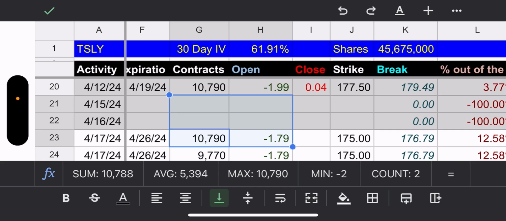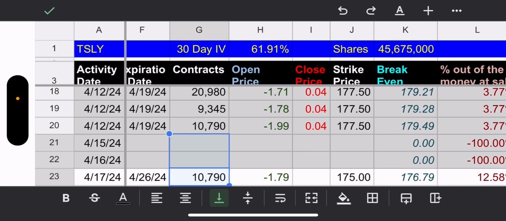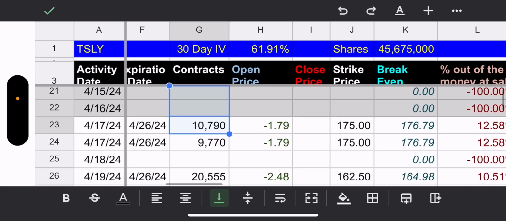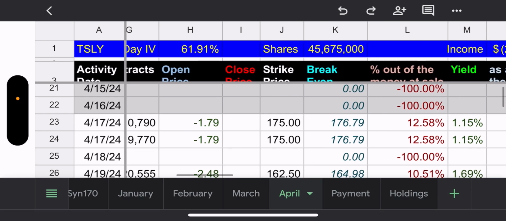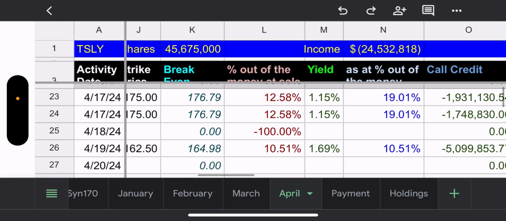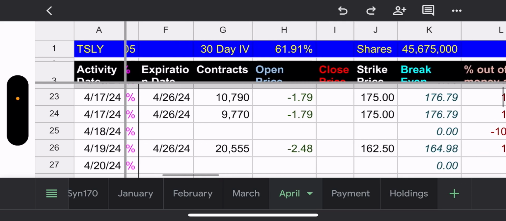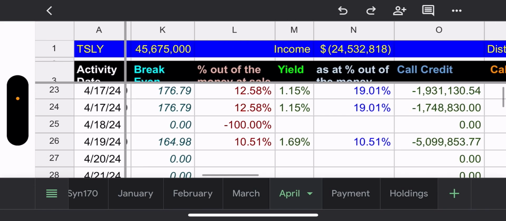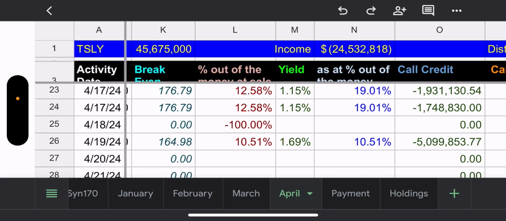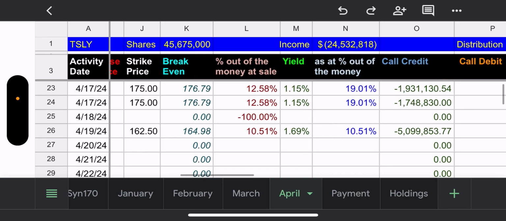See, this is the beauty here. Oh my God. Well, let's just say about 20,000 contracts. The details aren't as relevant. So about 20,000 contracts. And then they have another 20,000 contracts approximately at 162.50. And that's 10% out of the money. So, heading into this week, that's what we're looking at.